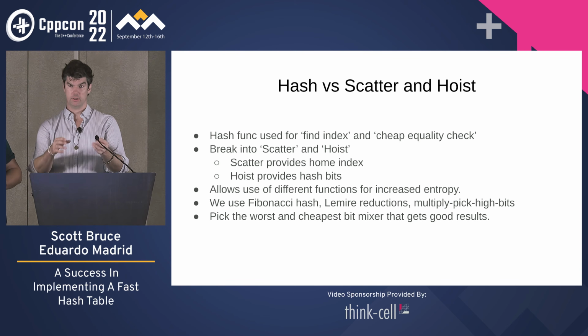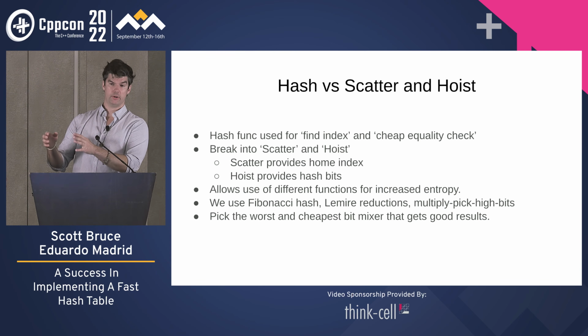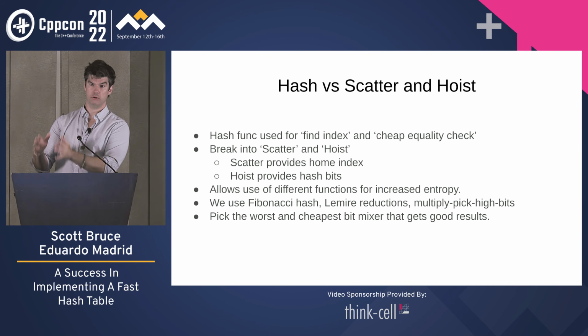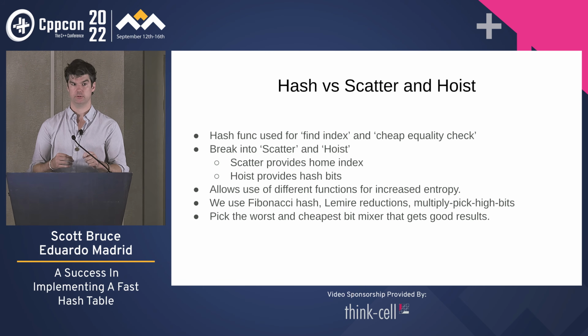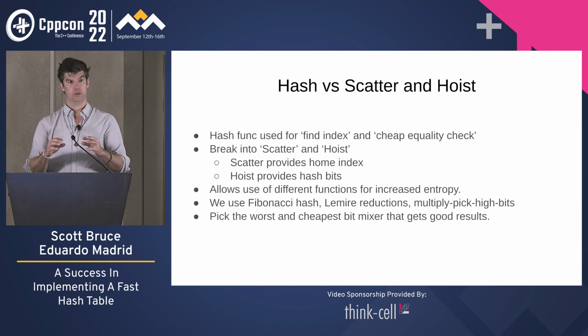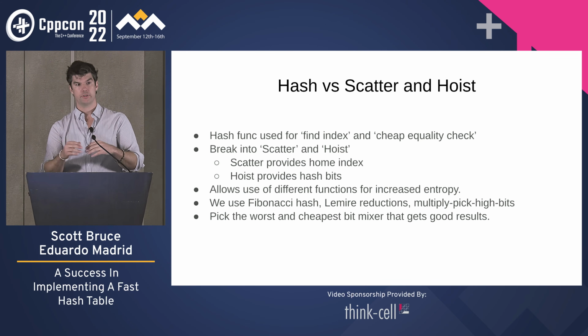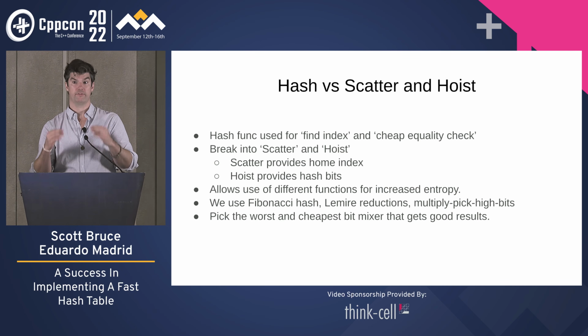The other is hoist, which executes something that gives you a hash code-like thing, and then pulls its hash bits out of it. This allows you to pick the cheapest, worst, non-adversarial bit mixer possible in both cases, because that's all you need. If you want a bit mixer that gives you good avalanche properties, good bit mixing properties, like very good ones, it might cost 3 or 4 multiplies and a bunch of other operations. If you just want a really bad mixer that's not terrible, you can do it in like 1 or 2.